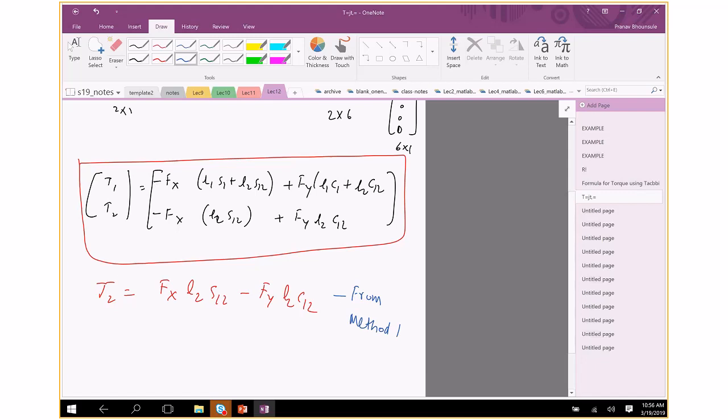The answer is the same, but there's a switch in the sign. Why does that happen?